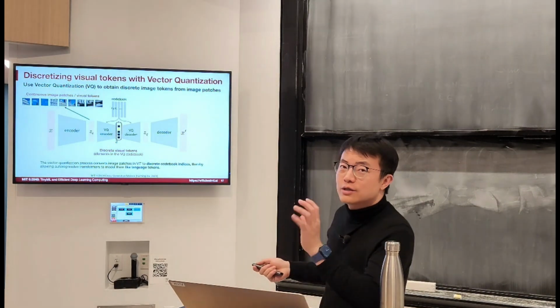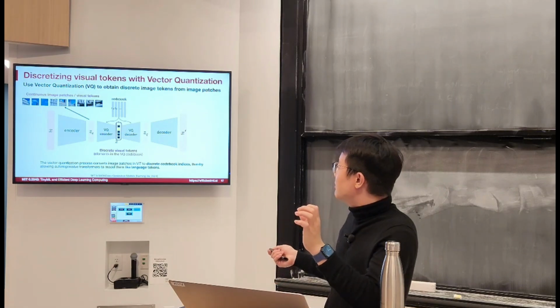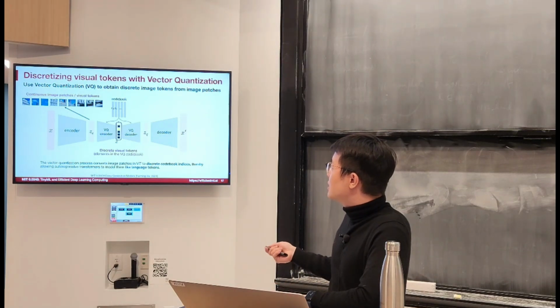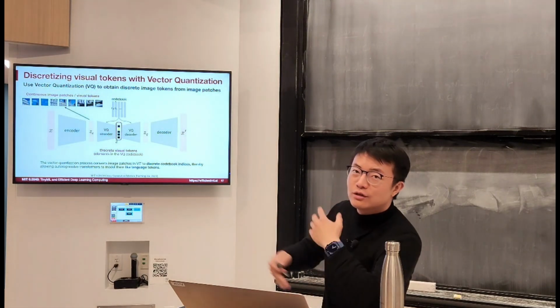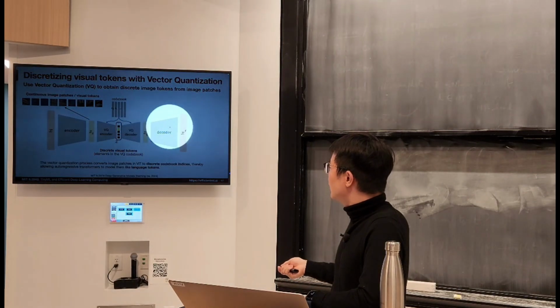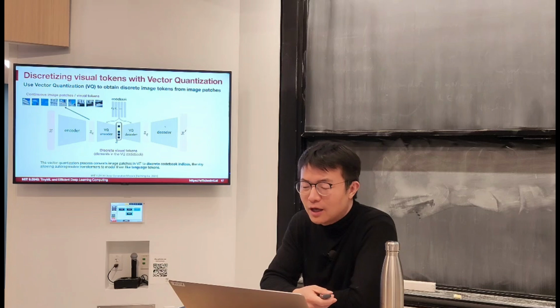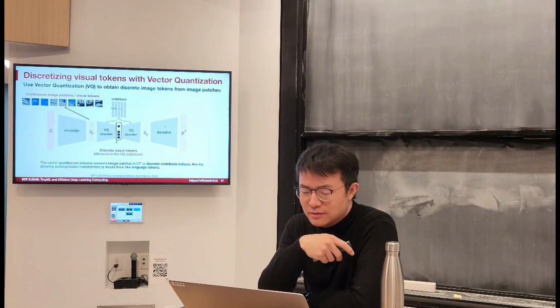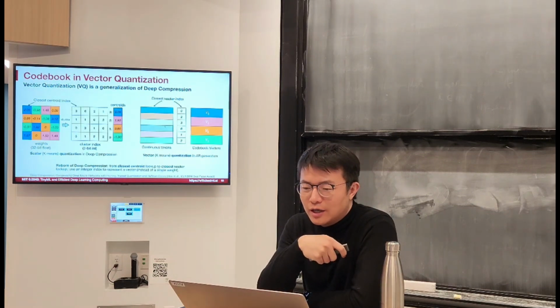Although there's a limited amount of tokens in the codebook, we can have different combinations of these tokens such that we can decode them into various diverse images. This is highly related to the codebook that we talked about during the quantization lecture.